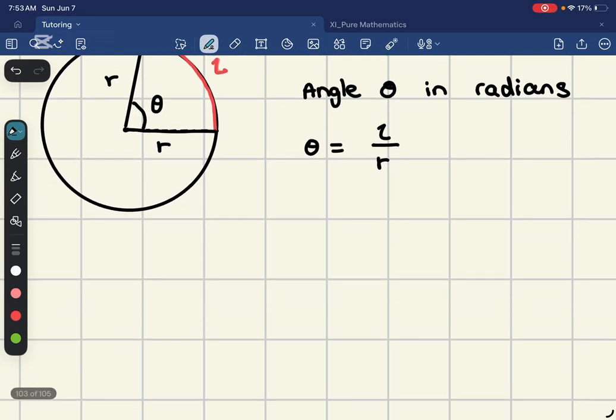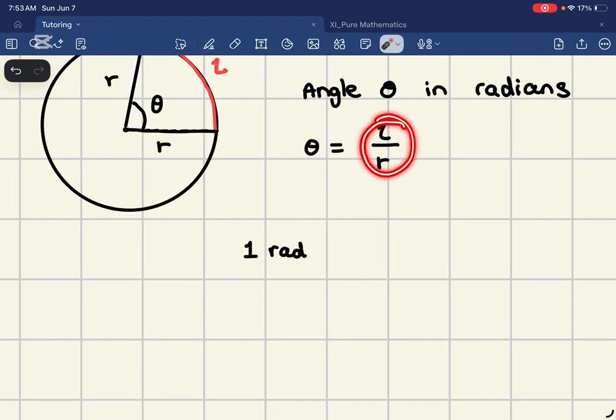And now what is 1 radian? How do we define 1 radian? Well, how do we get 1 on the right-hand side here? If L is equal to R, R divided by R will give me 1, right?